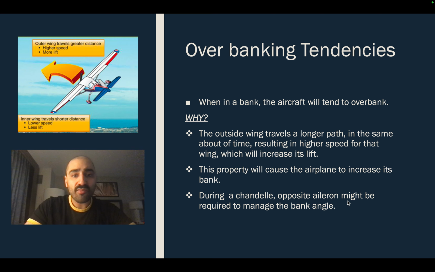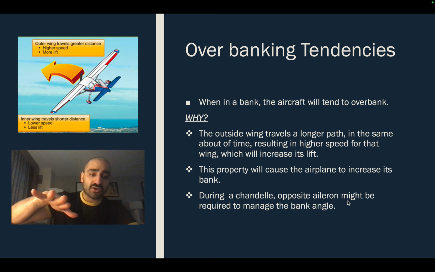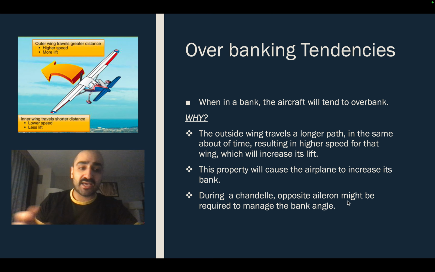All right, so the overbanking tendencies. The aircraft will tend to want to bank in the direction in which you're banking, and it wants to continue that. So sometimes you have to put in opposite aileron input. The reason for that is that while you're in a turn, the wing on the outside has to travel a longer distance in the same amount of time as the lower wing. What that does is speed up that wing, increasing the lift.